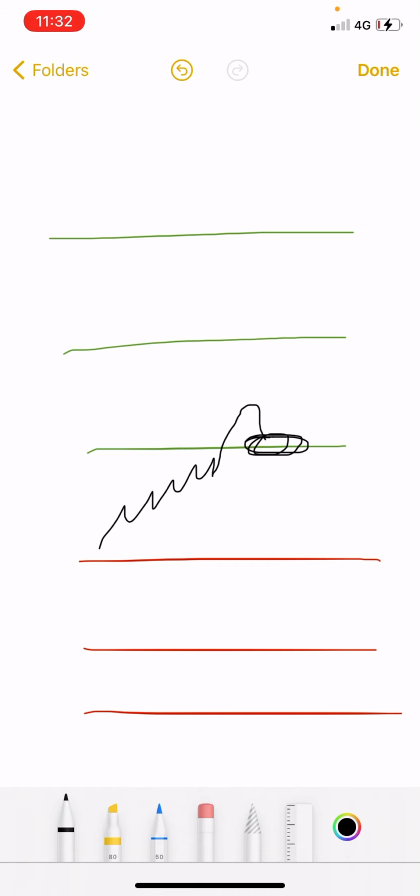Once it takes support, this line will act as a temporary support. So from this line the market will go up, and once it reaches the second resistance, we wait. If the market wants to break, let it break with good volume, and once it breaks with good volume, it will retrace again, take support around this area, and from here it will go up again.